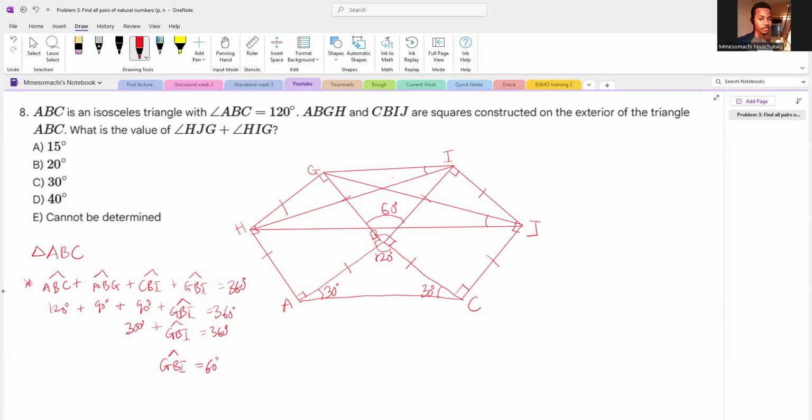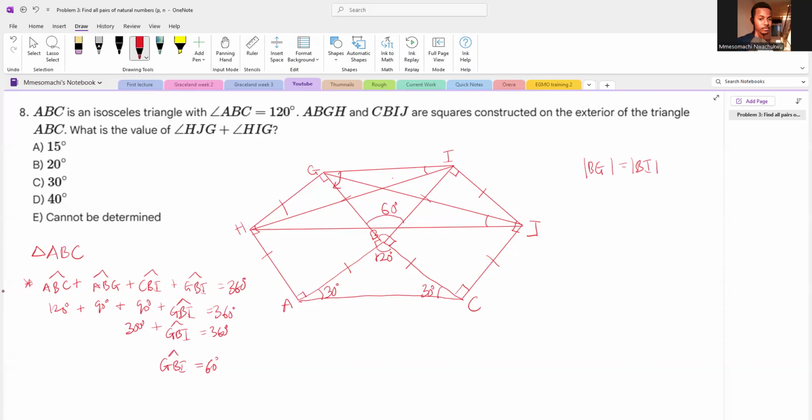Cool, so what next can we get? We can look at triangle GBI now. Triangle GBI is isosceles, since BG is equal to BI. So we can calculate the base angles.